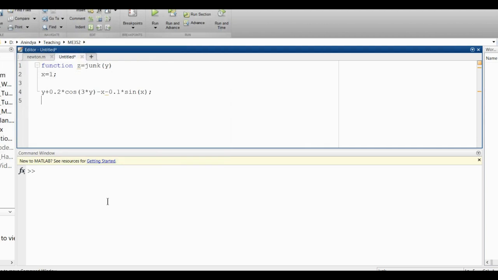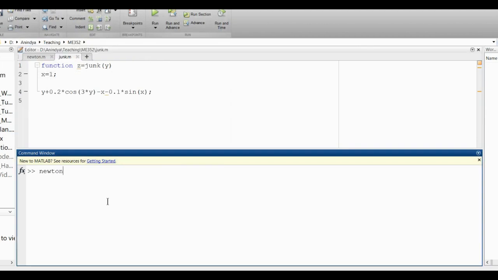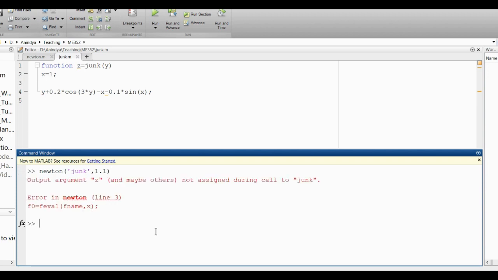I come here and I say Newton, junk, and I give it an initial value of 1.1 or something. Well, that didn't work. That's because this is not assigned to anything.